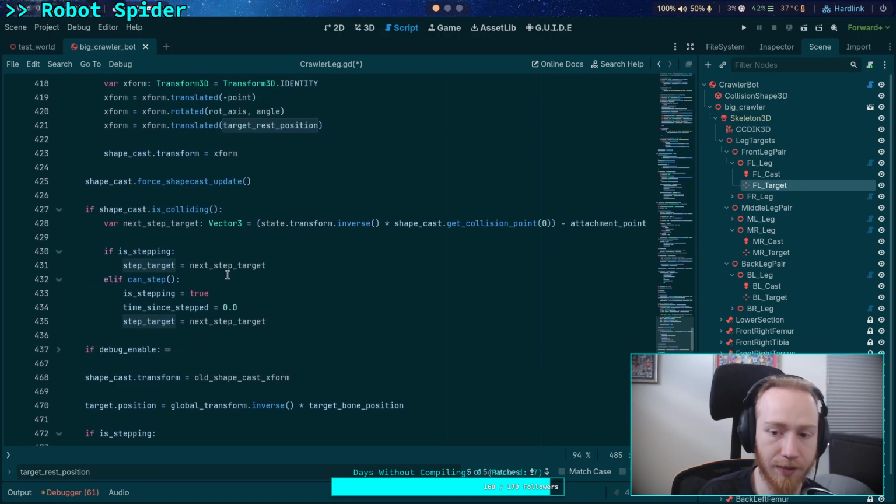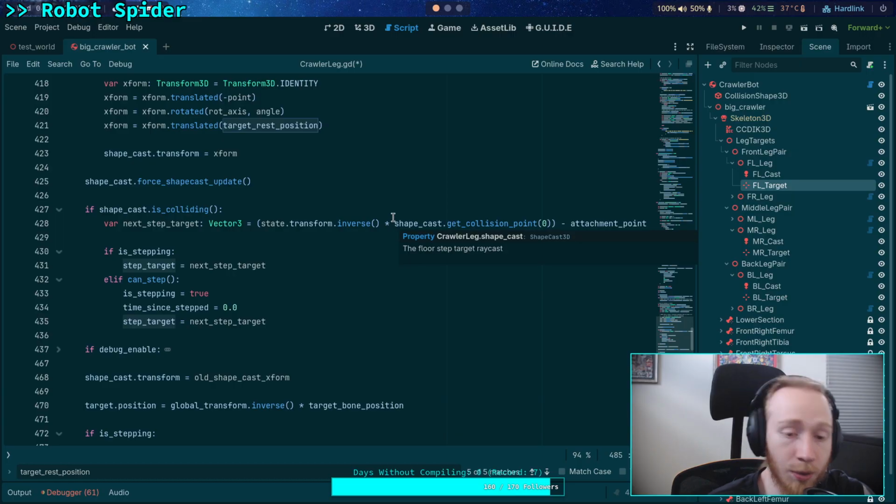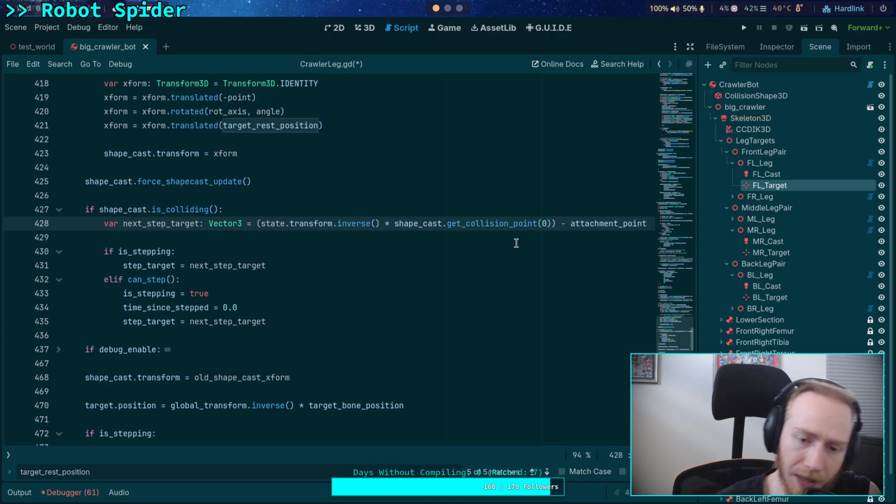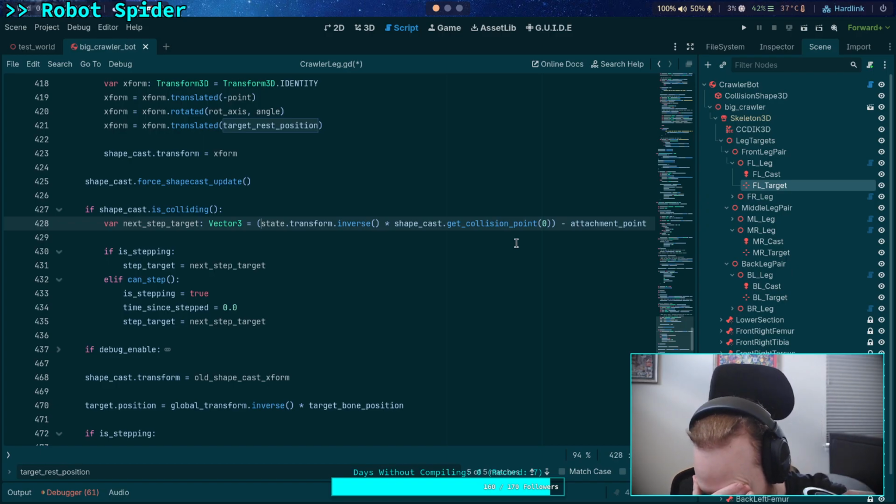I think what I do for step target is I kind of just leave it like this. Though it will be local. Yeah, so it'll still be local. A global multiplied by the body's inverse transform.